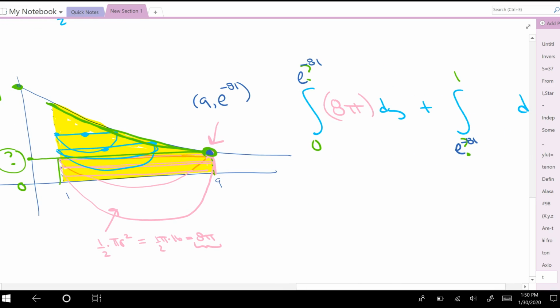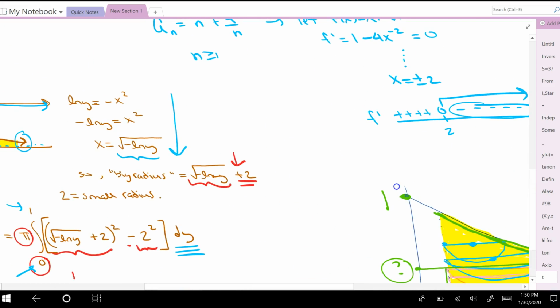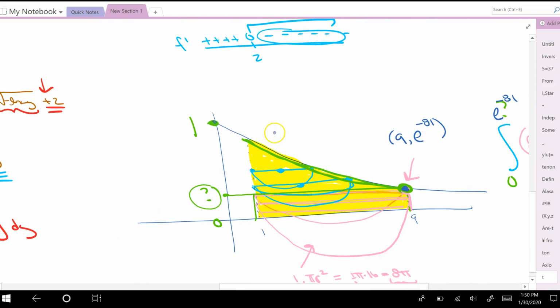Now let's deal with the semicircles up here in this region. What's interesting is, when we look at this curve, let me go back and look. This is x equals the root of negative ln y.